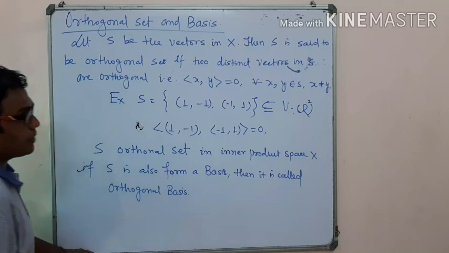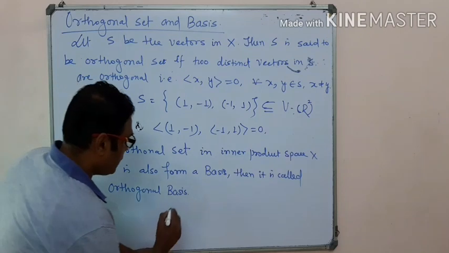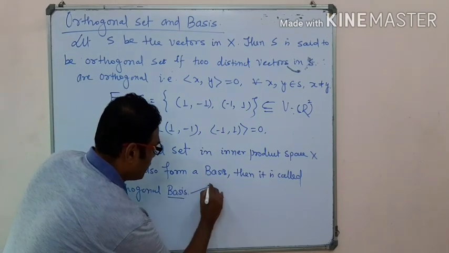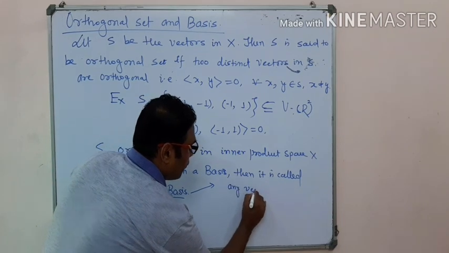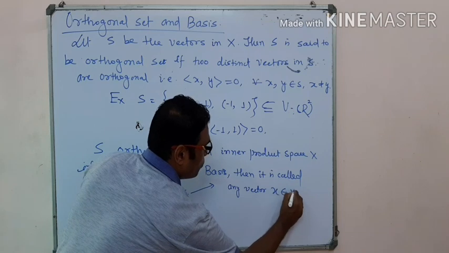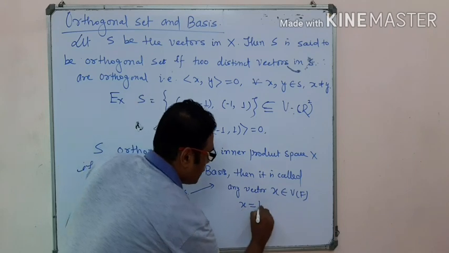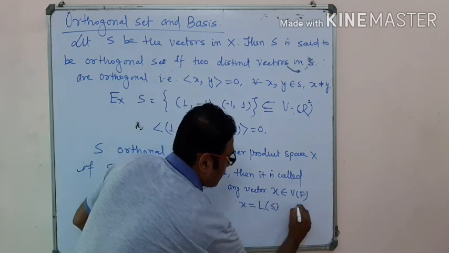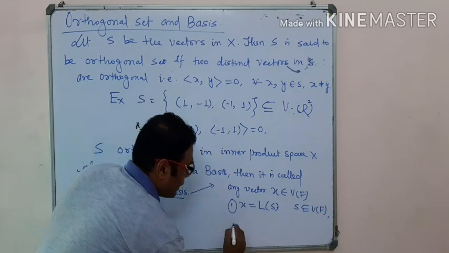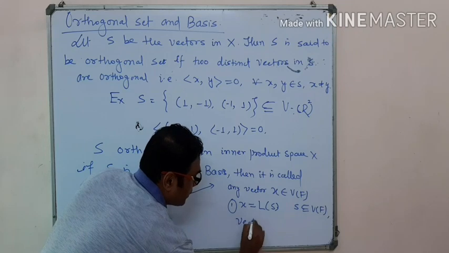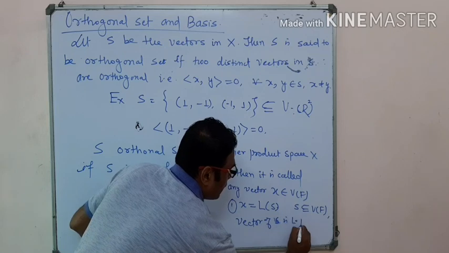In a linear space or vector space, we already know that a basis satisfies two conditions. First, any vector x belonging to V(F) is linearly spanned by S, where S is a subset of V(F), and second, the vectors of S are linearly independent.